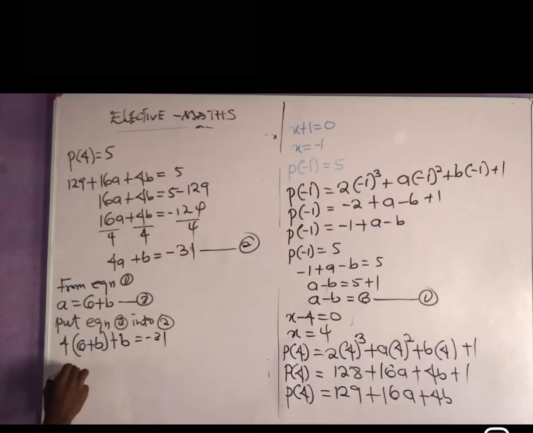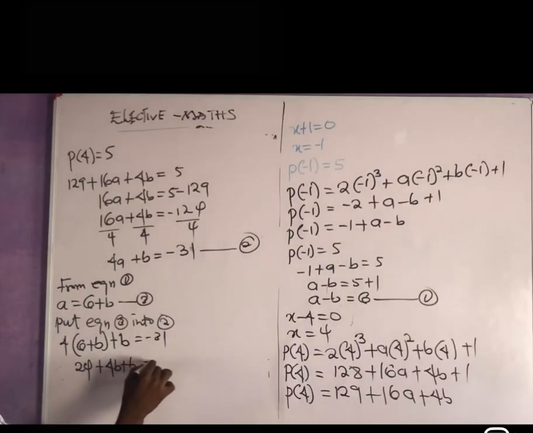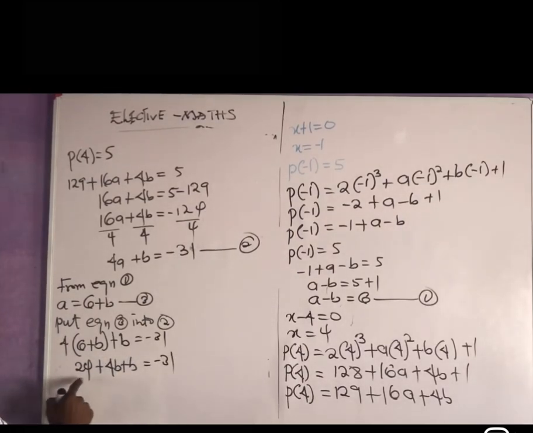So 4 times 6 will give you 24 plus 4b plus b equals negative 31. So 4b plus b will give you 5b equals, let me send this one here, negative 55.